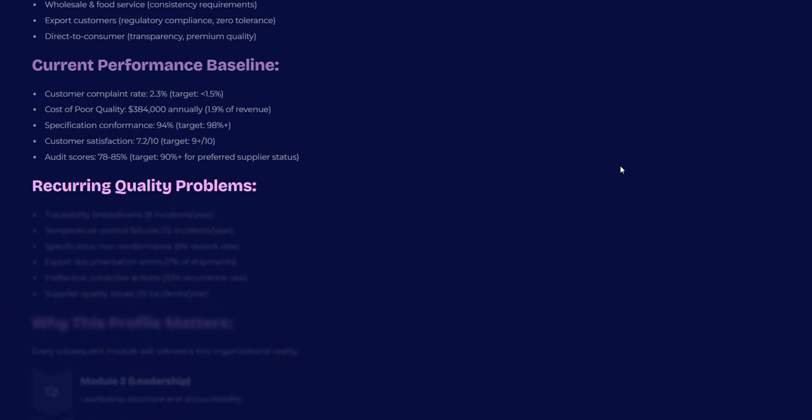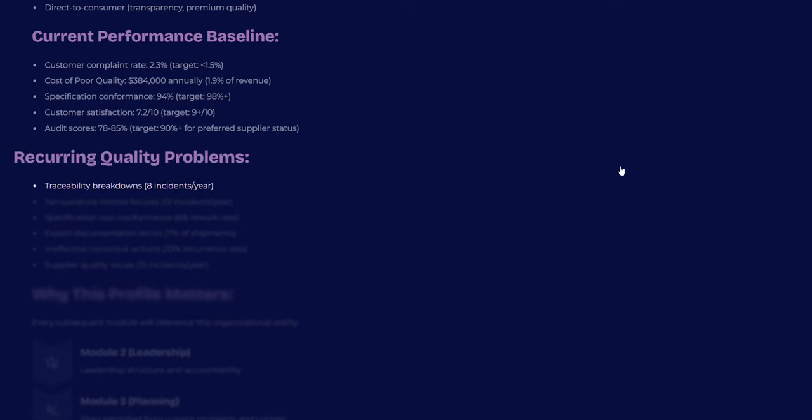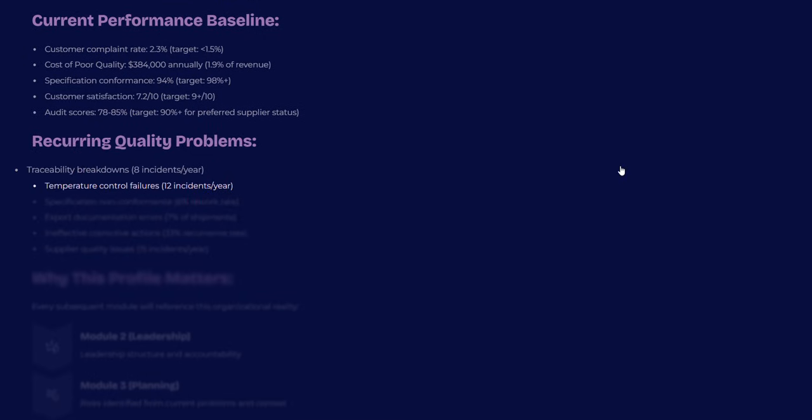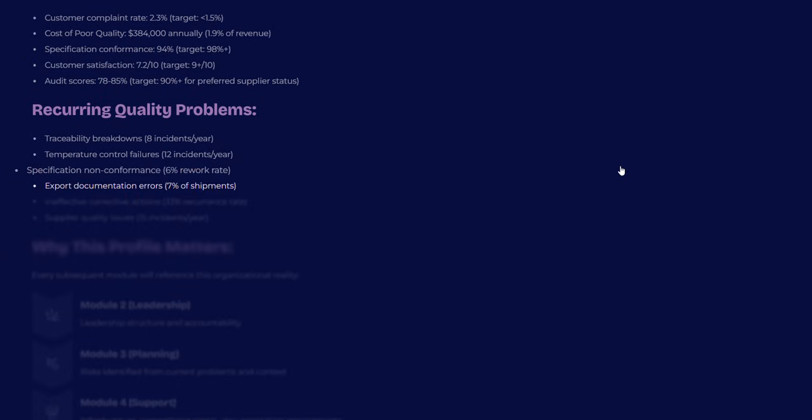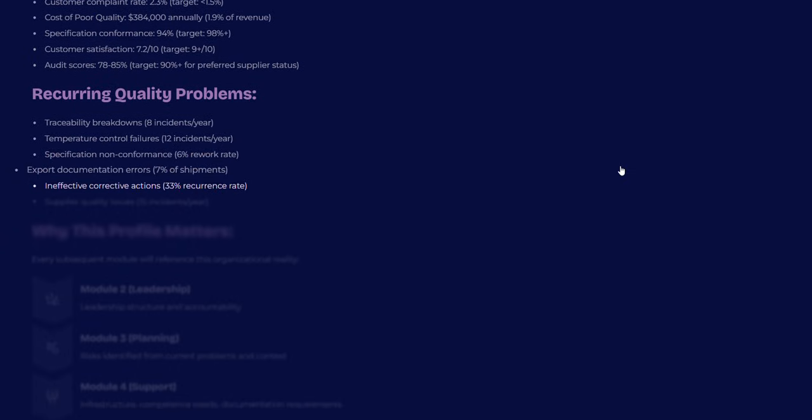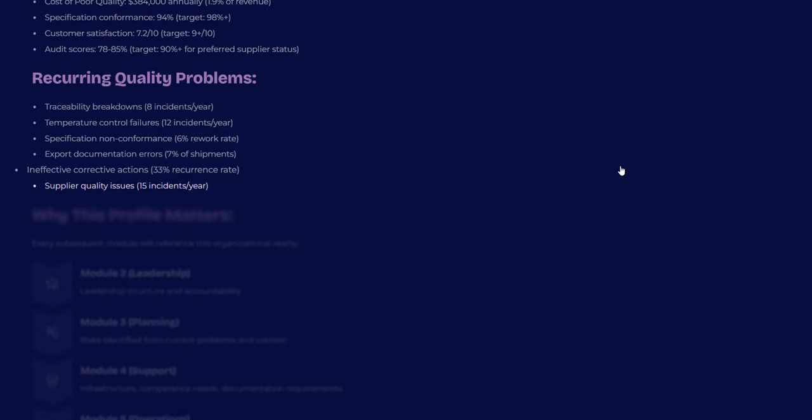Also, we have discussed recurring quality problems, starting with traceability breakdown, temperature control failure, specifications non-conformance, export documentation error, ineffective corrective actions, and supplier quality issues.